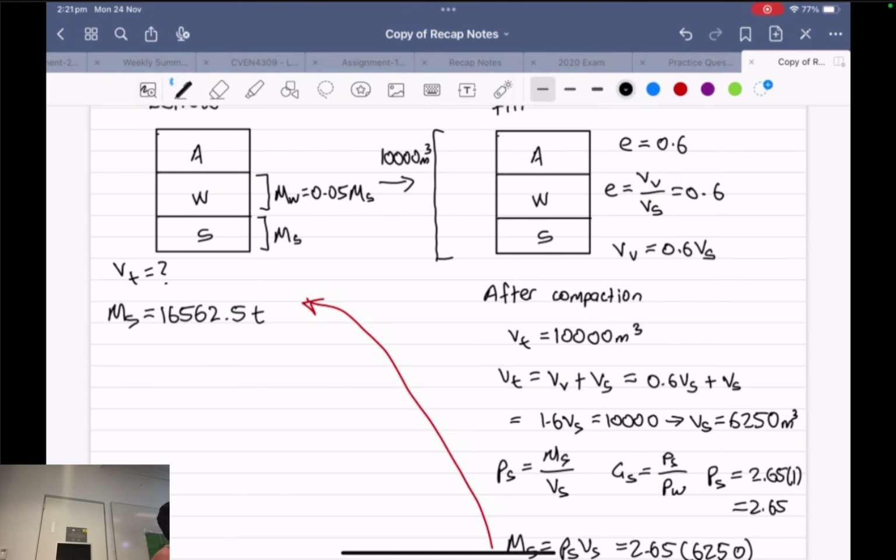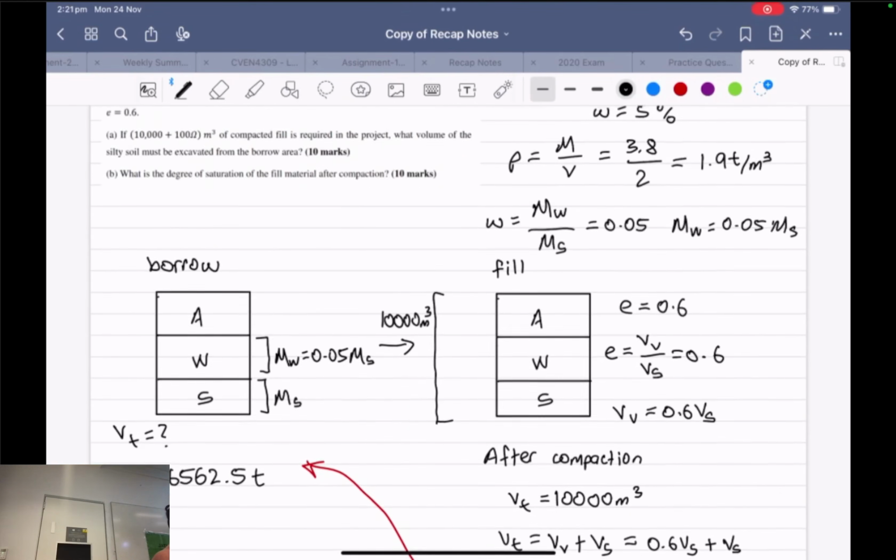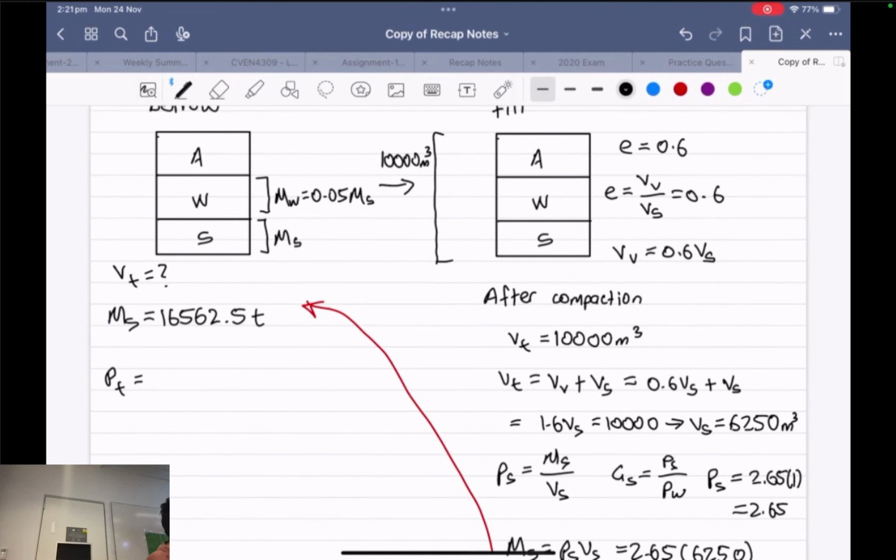Alright, so now we're again dealing with a volume and mass relationship. So we again have to use a density relationship. So we're saying density total, which we calculated from the test bit earlier, right? Which is 1.9. That's equal to total mass divided by total volume.